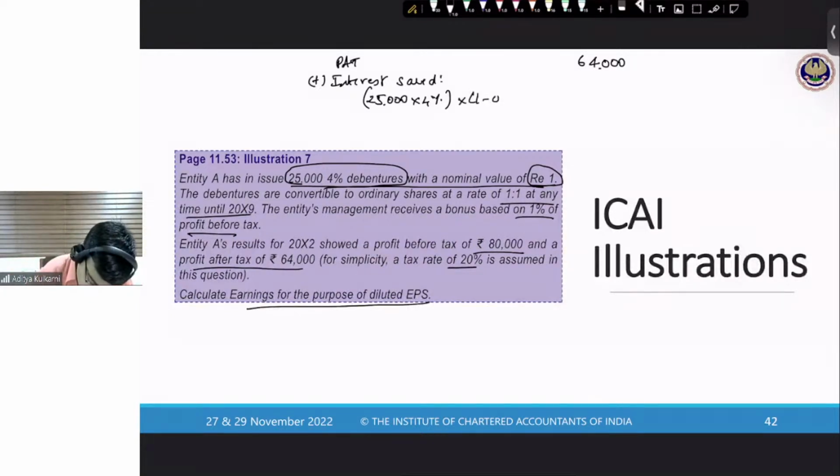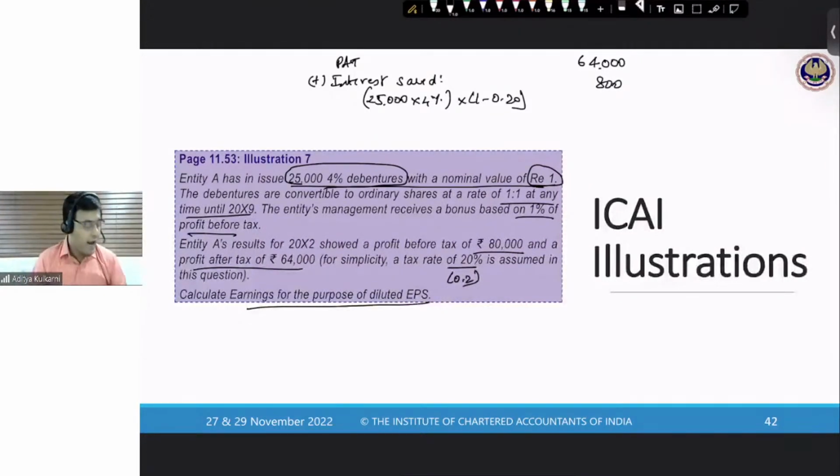So 25,000 into 4%, that is 1,000, into 0.8. That gives you 800.